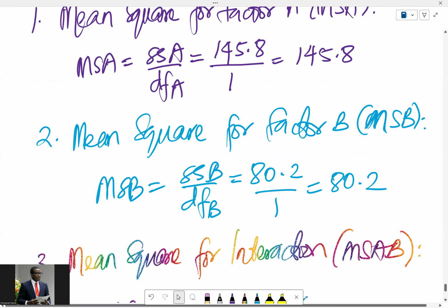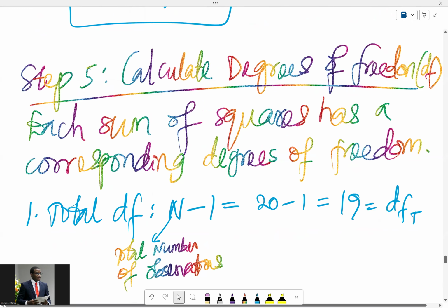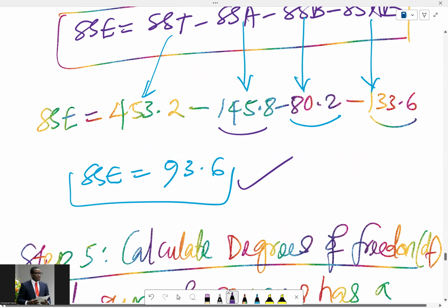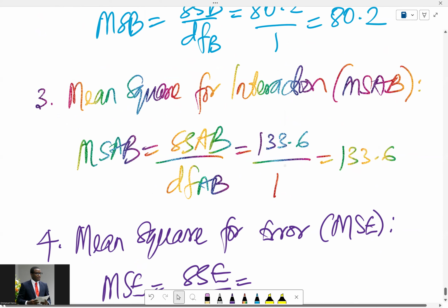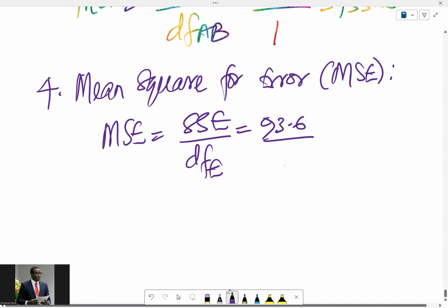My SSE is 93.6, so 93.6 divided by 16. That's simply 5.85.